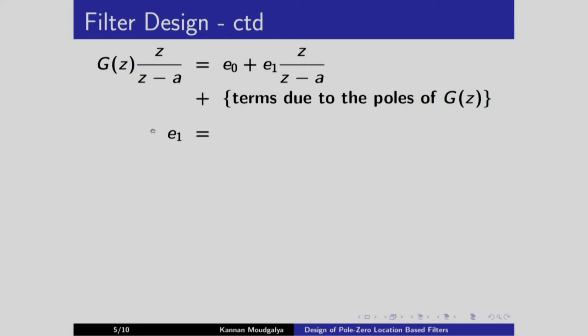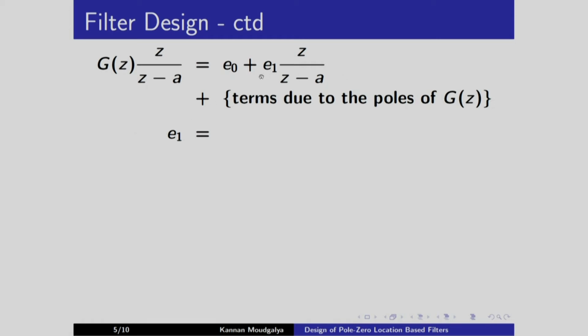Recall once again, if we use the simultaneous equation method to find the unknowns, we cannot do this because we need to know the poles of g of z also, that is the other terms also. Here we will use the Heaviside expansion method, which allows us to find specific unknowns.